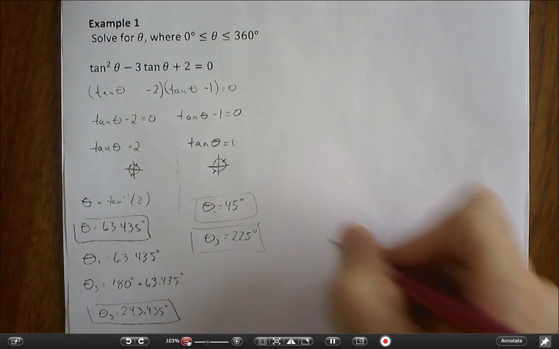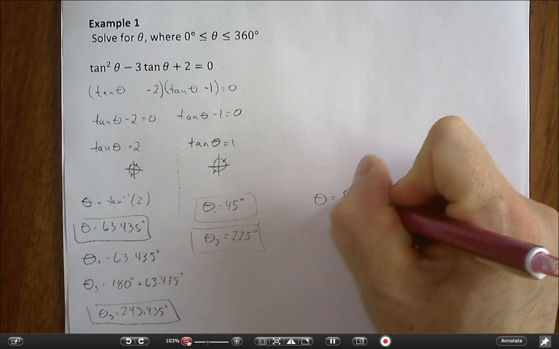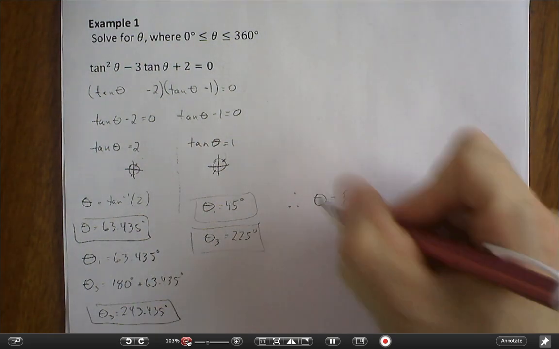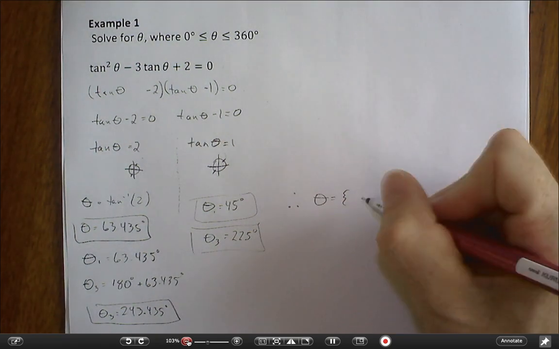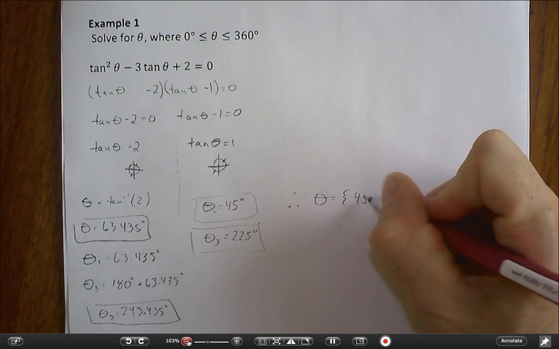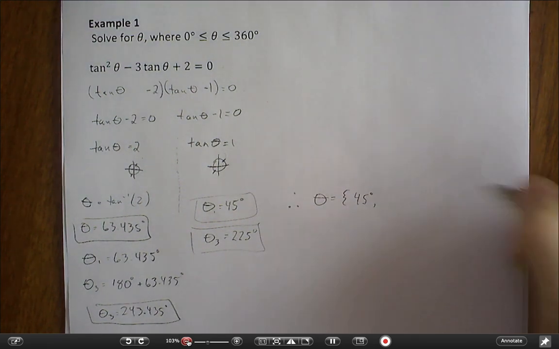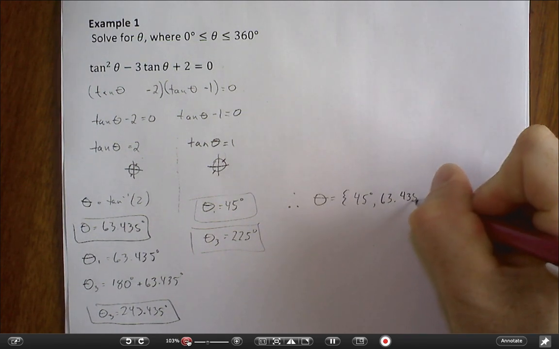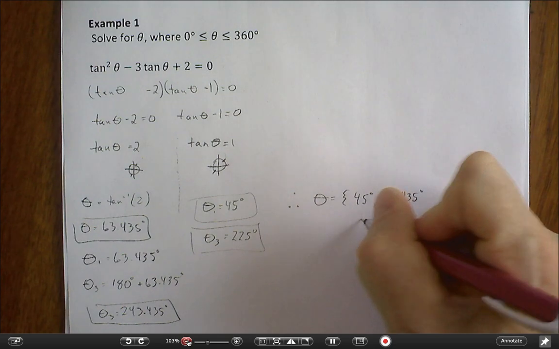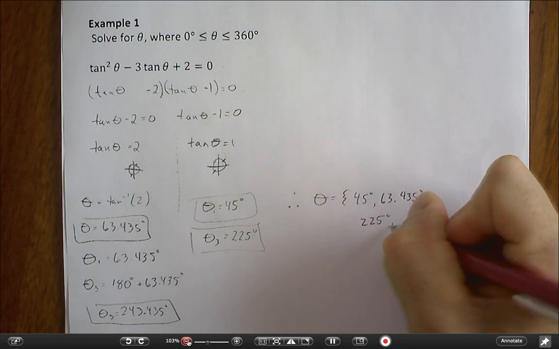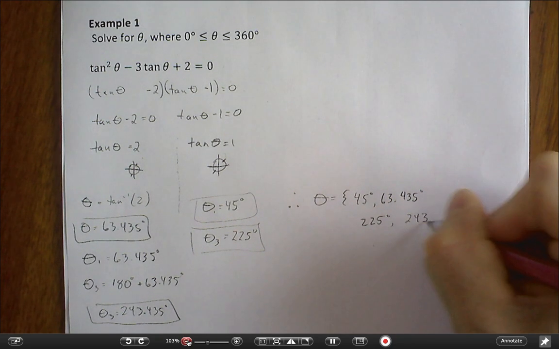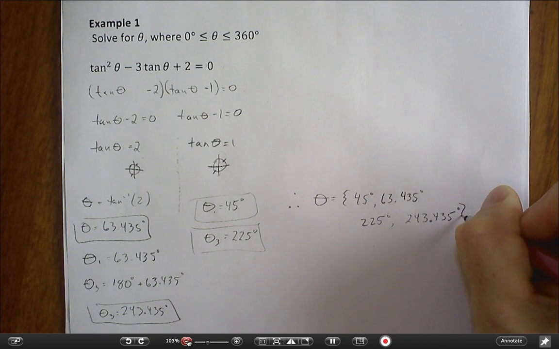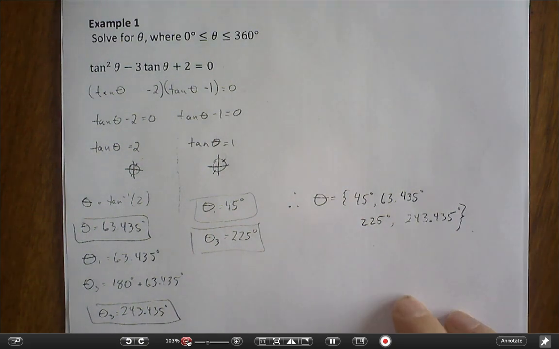When I write out a solution, generally speaking, therefore, theta is equal to, generally we write it in ascending order, 45, 63.435 degrees, 225 degrees, and 243.435 degrees. So those are my solutions.